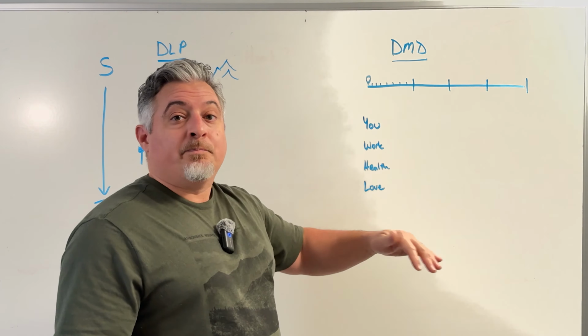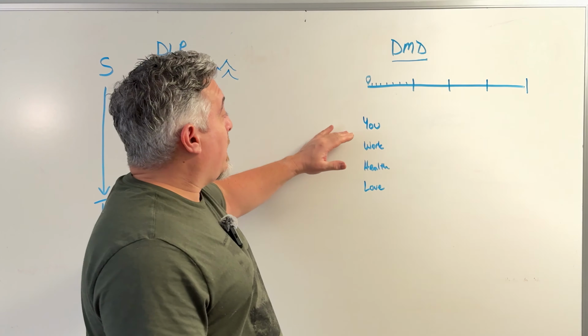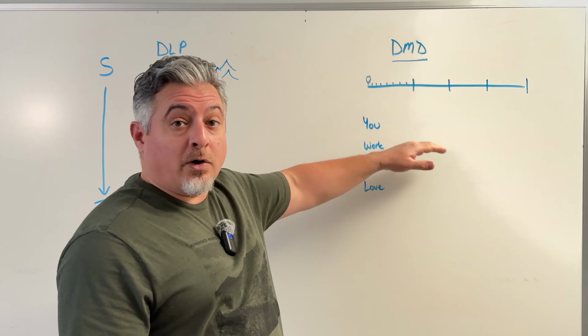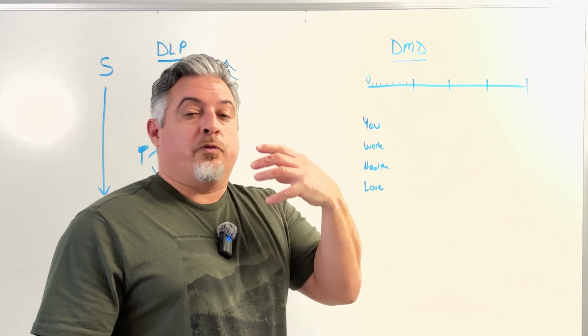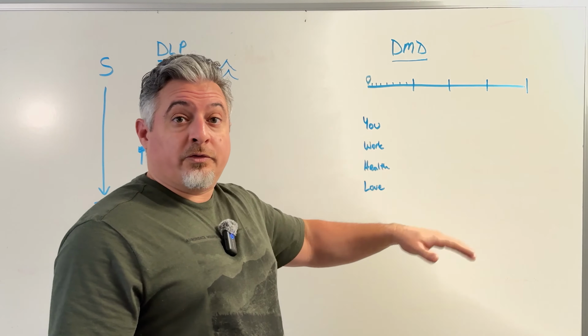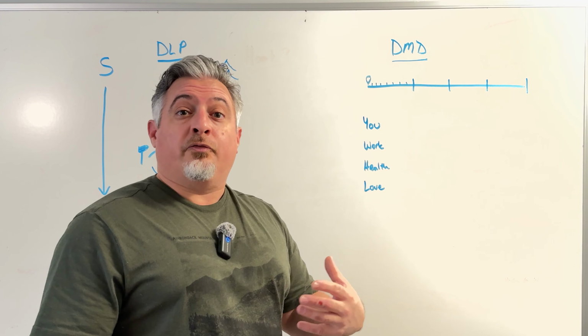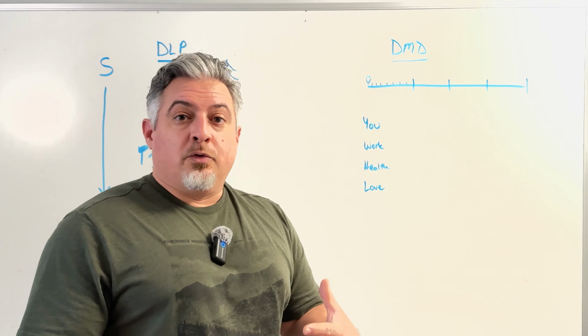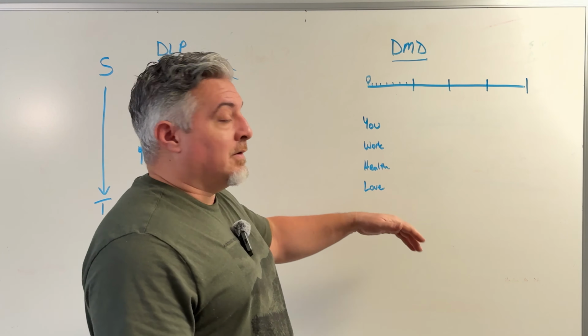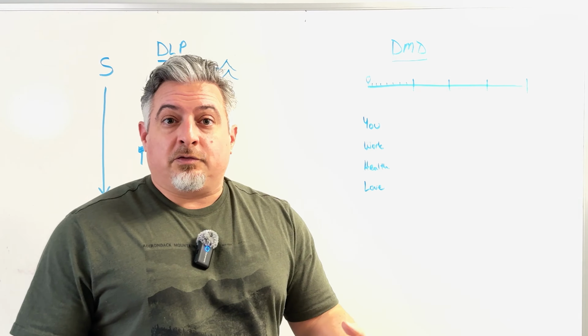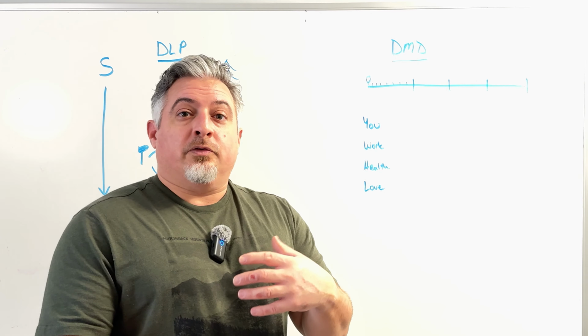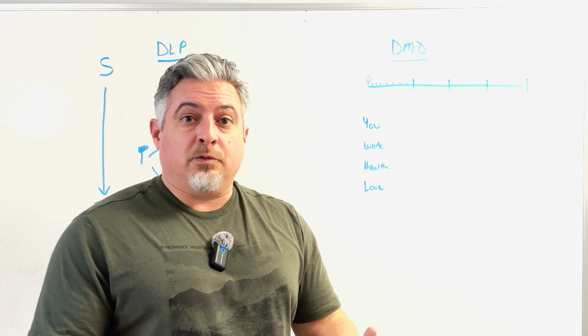So in here, every 4 weeks, we'll have you identify your personal goals, the things you want to work on for you, your work goals, things to improve your work life, your health goals, what you're going to do to focus specifically on improving your body and mind, and then love, which is your relationships, how to improve the social connections that you have around you.